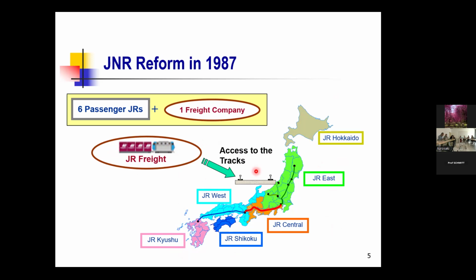That is, the passenger railway companies own the infrastructure, and the freight company operates nationwide freight transport by accessing the track which is owned by the passenger railway companies.